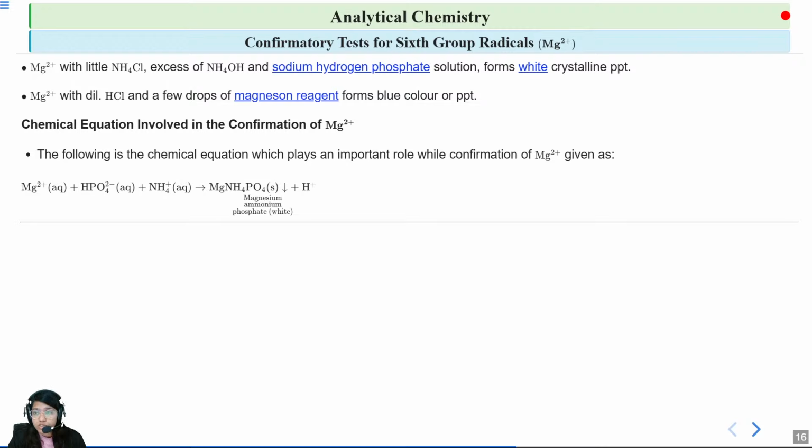It forms magnesium ammonium phosphate MgNH4PO4, and it is a white crystalline precipitate. Magnesium ammonium phosphate is white in color and it separates out as a white crystalline precipitate. And formation of this white crystalline precipitate confirms the presence of magnesium ions.